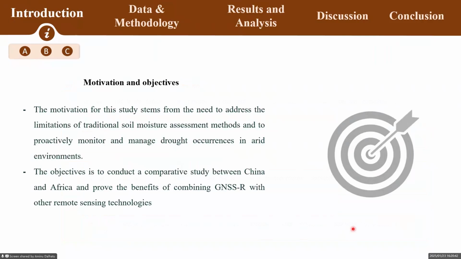But China is a developed country that has focused a lot on remote sensing techniques, so there are many studies we can take into consideration to see how it helped them develop so many management strategies for this phenomenon. The second objective is to prove that it is beneficial to use GNSSR and integrate it with other remote sensing techniques.